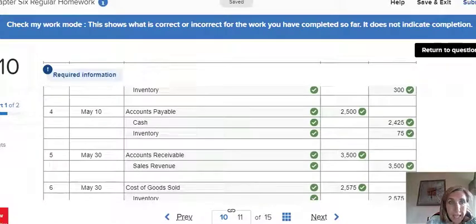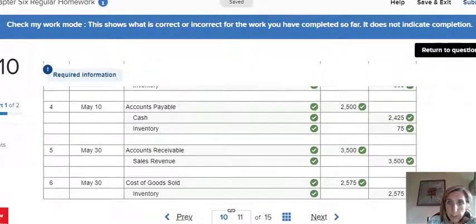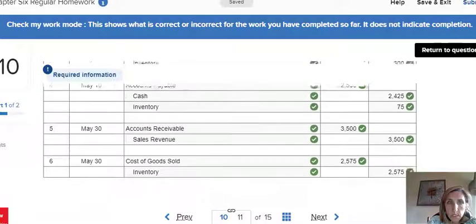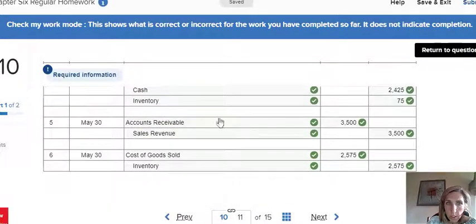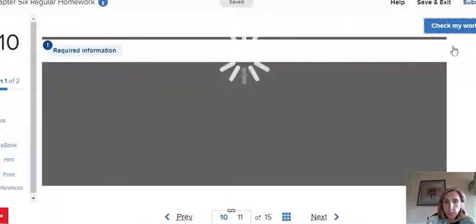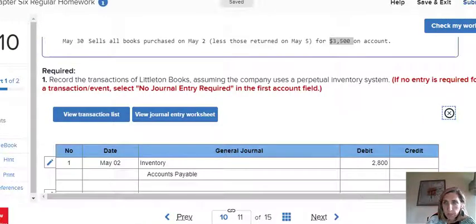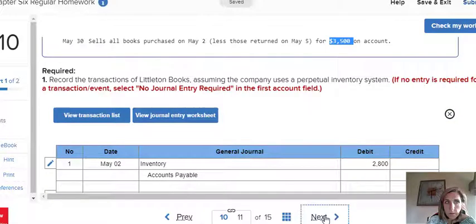Then we paid for that inventory, but we took a discount on it, and that was a credit to inventory. And then we sold the inventory. We're going to have two journal entries there, one to record the revenue and the other to record the value of the inventory, the cost of goods sold. The last part of this question, it's linked to question 11. So I'm going to go to that one next.